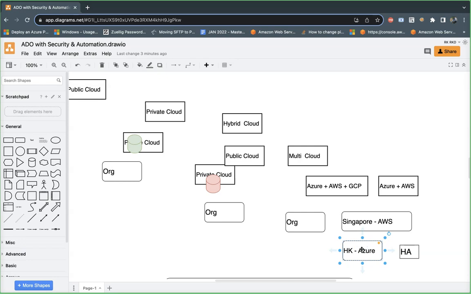That is one reason. Lack of data centers is one reason. There could be one more reason also. An organization may not trust AWS fully. Meaning that they have a user base in Singapore and Hong Kong, that's fine. But they want to keep AWS infrastructure in Singapore, but Azure infrastructure in Hong Kong.